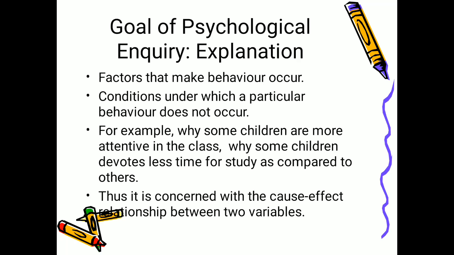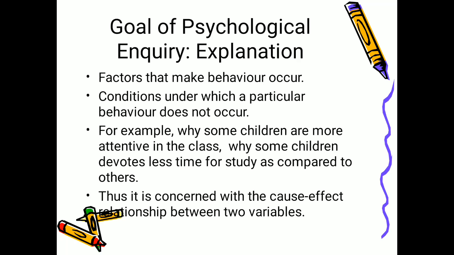Now, the explanation is related to the cause-effect relationship. If there is a cause, it will affect the other as well. For example, if one variable is a cause, it will affect the other variable. Let me take an example of light. If there is too much light in the room, I would lower the intensity of the light.